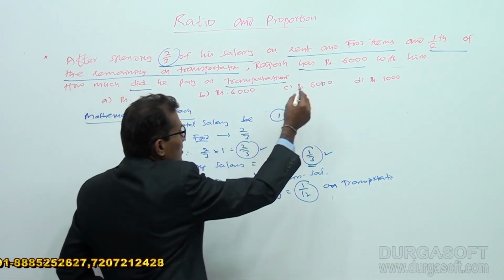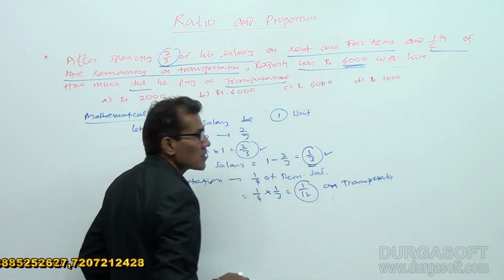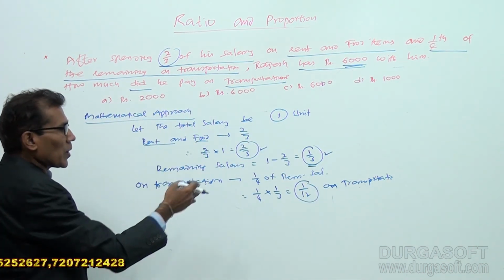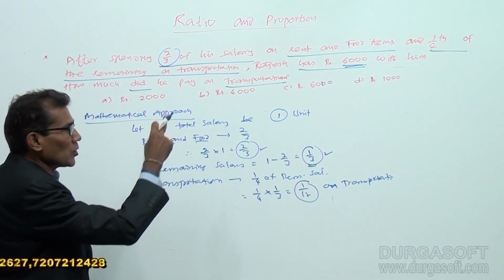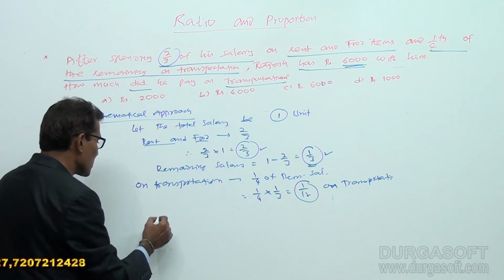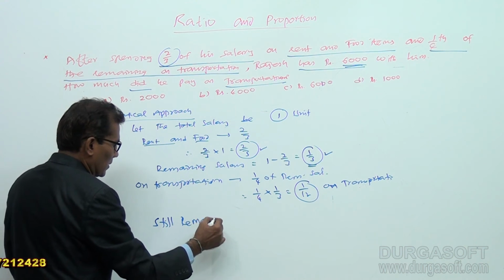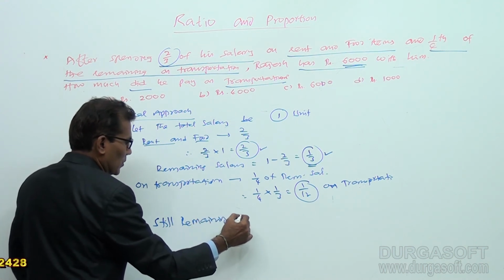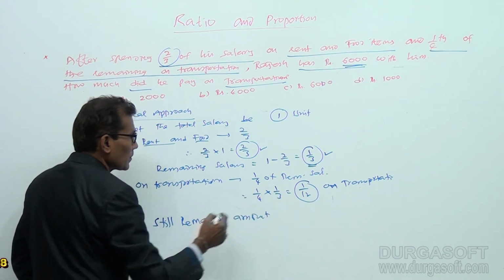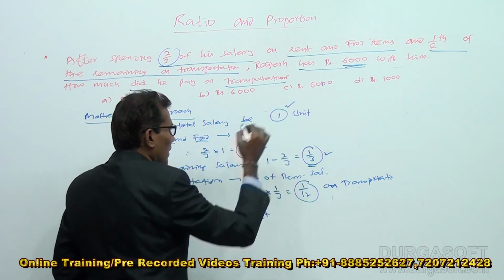Rajesh has 6,000 with him. We need to find how much part of his salary is left, which is going to be equal to 6,000. Total salary is 1 unit.